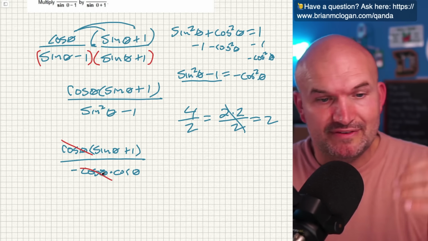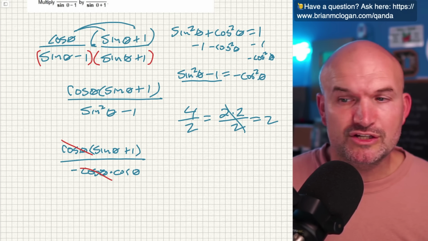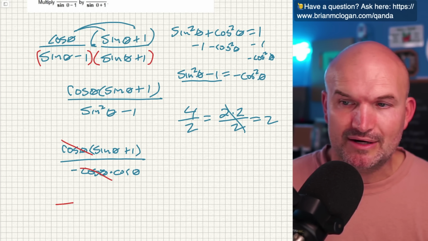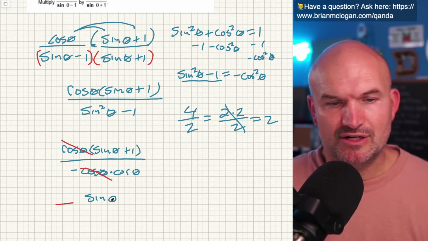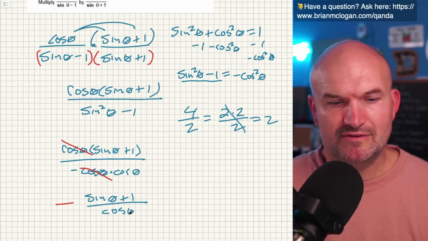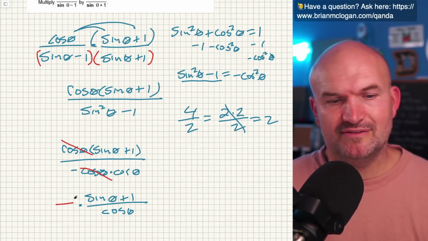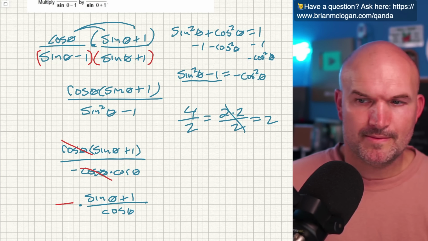Now I have a negative in the denominator, but you can have a negative denominator, a negative numerator, or just write the negative in front. It doesn't really matter, just make sure you only put it in one place. So I'm going to have a final answer of negative sine of theta plus 1 divided by cosine of theta. It just looks weird.